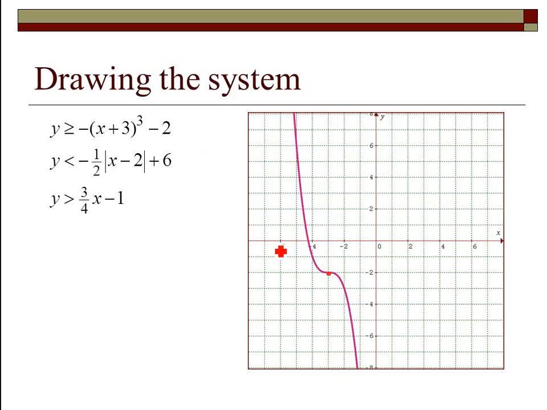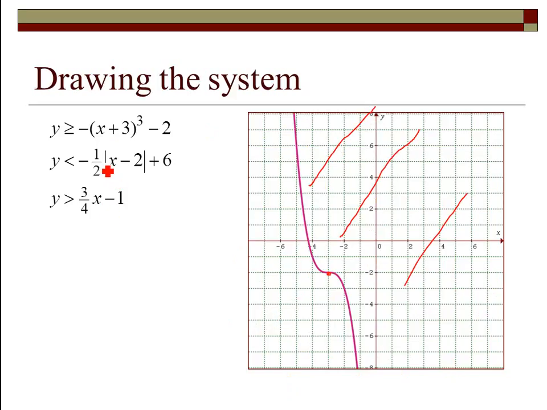Now I'm going to think about how the shading is going to go. It's greater than, so it's going to be shaded above this area. This would be below, and this is above. I'm not going to fill in everything, but I'm going to get a rough idea of what it looks like.